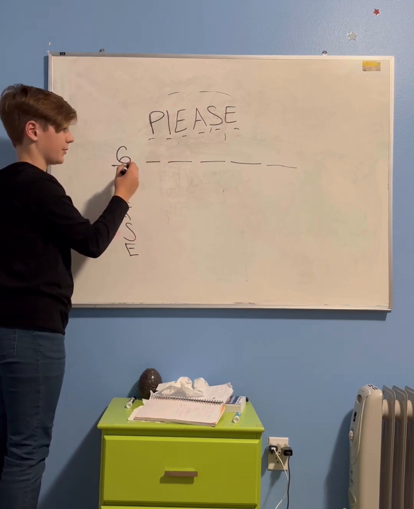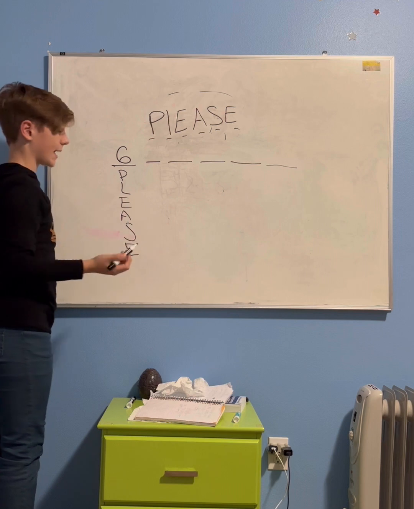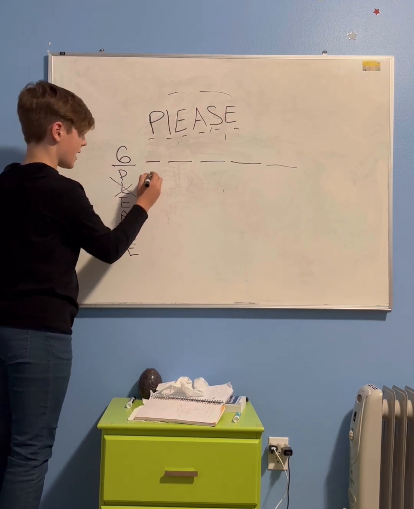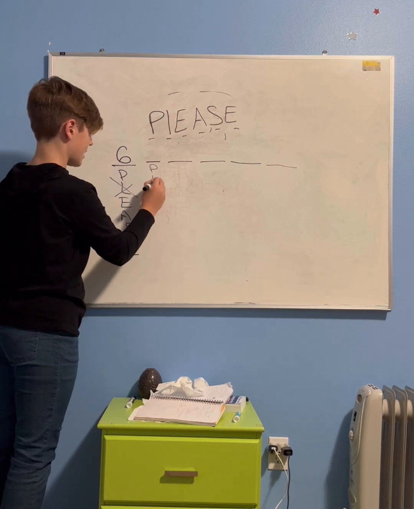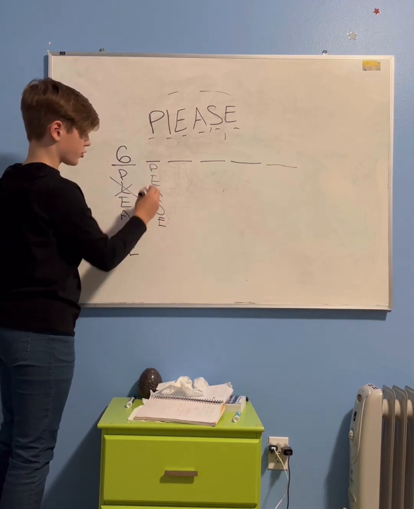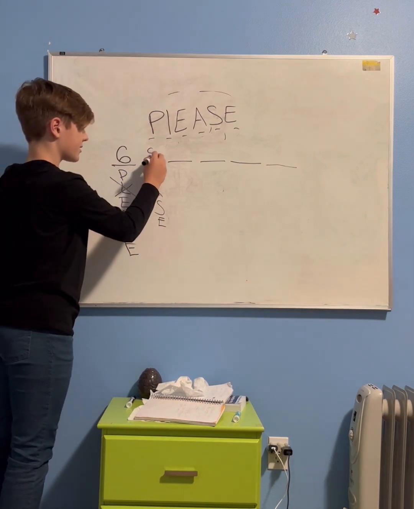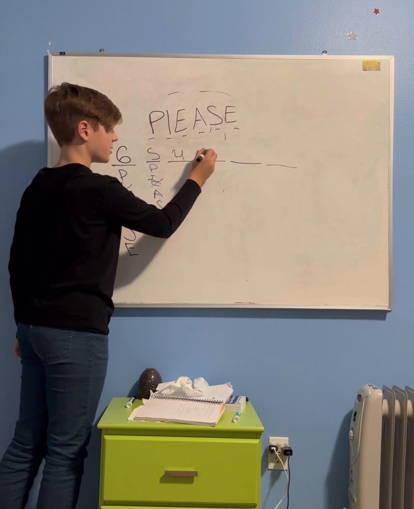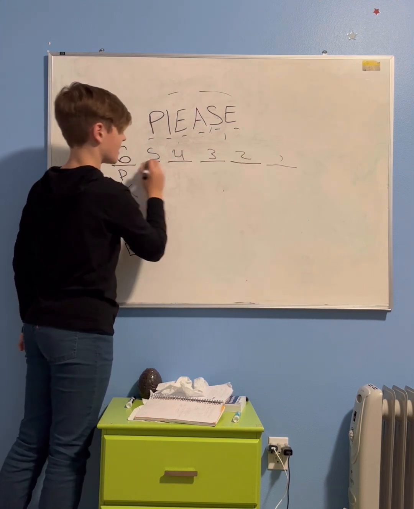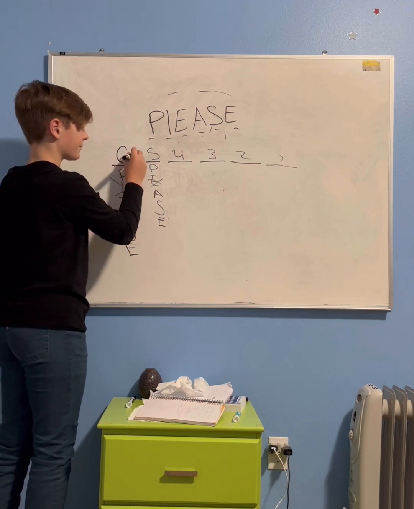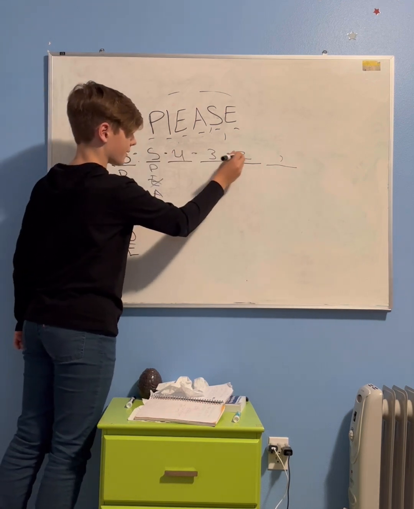So now, let's just say this first letter was an L. So we're going to remove the L here, and our options would be a P, an E, an A, an S, or an E. So we'd have 5 remaining options. And if we go like this going forward, where we keep removing one option, we'd be left with 6, 5, 4, 3, 2, 1. And as we did in the previous problem, we'd multiply them all together.